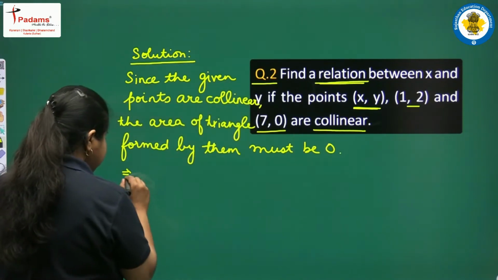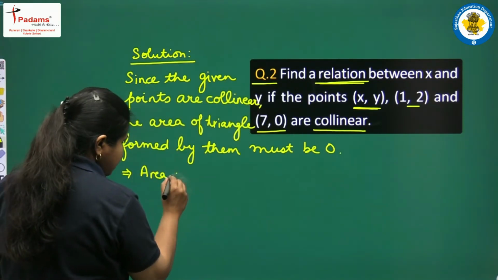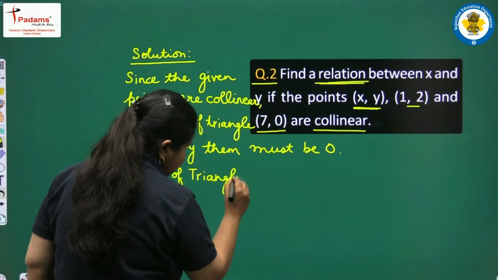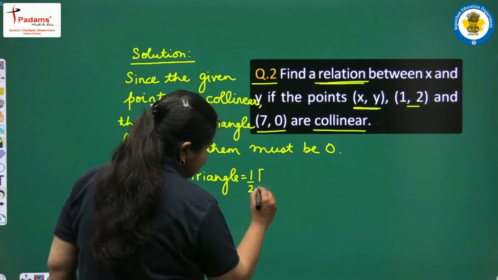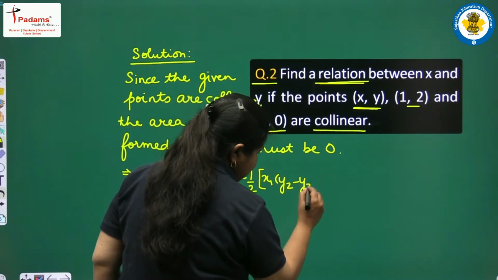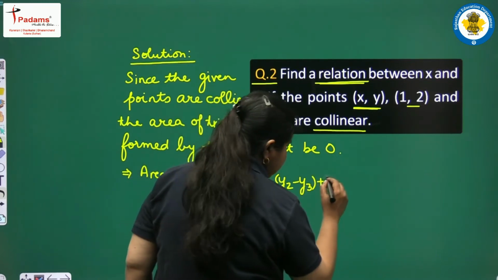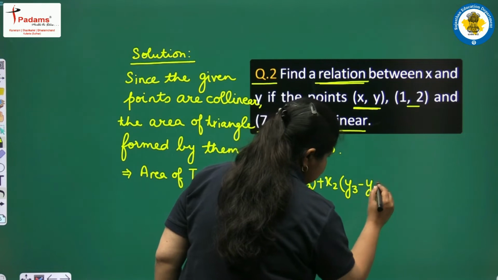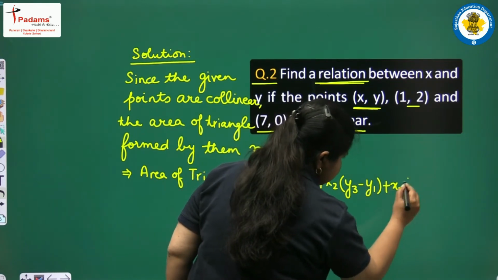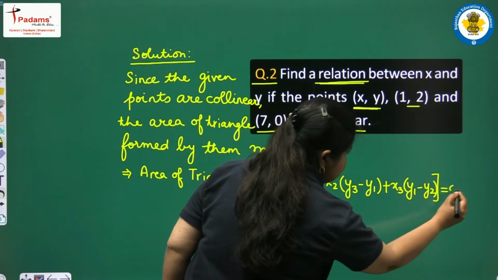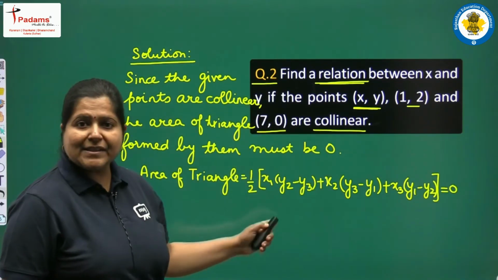Now this implies area of triangle. It is given by the formula half into x1 into y2 minus y3, I hope you have learnt it very well now, plus x2 into y3 minus y1 plus x3 into y1 minus y2. This should be equal to 0 as per this question.